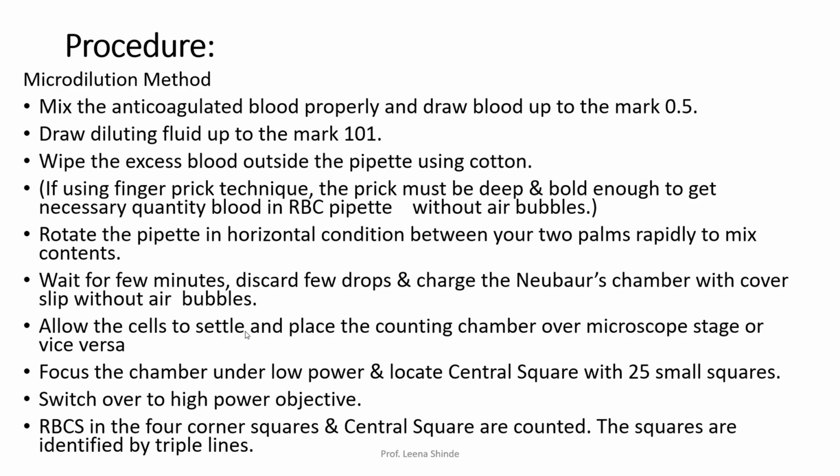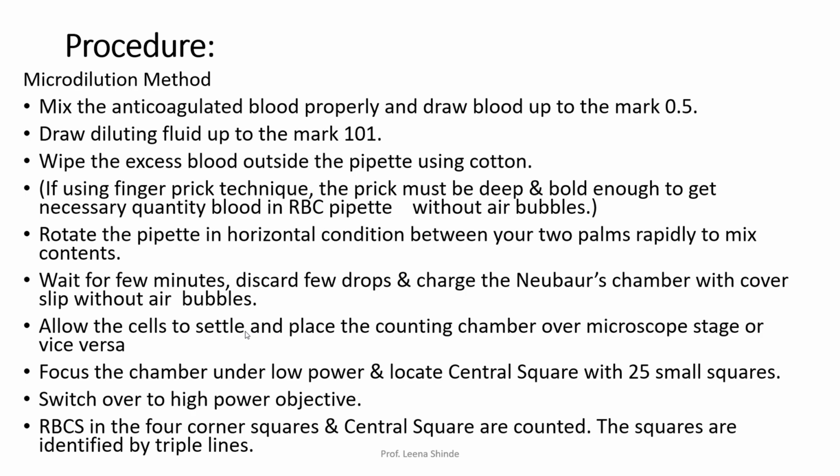Allow the cells to settle down and place the counting chamber over the microscope stage or vice versa. This means charge the Neubauer chamber first and then place the counting chamber over the microscope stage, or first keep the counting chamber on the microscope stage and take a drop on the chamber.